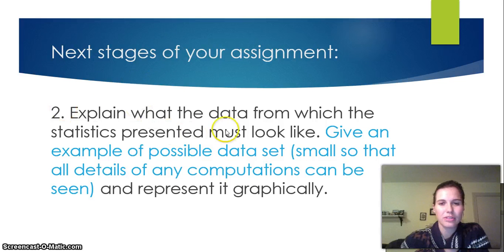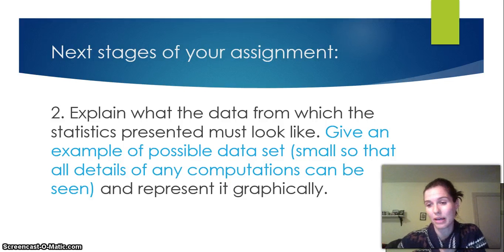And so what I'm going to talk about is the next step, which is to give an example of a possible data set that's small. So how do you do that? In the previous tutorial we talked about deciding on the sampling question and the research question, the sampling, and the survey questions that must have been asked in order to compute or do the study that you're finding in your article.